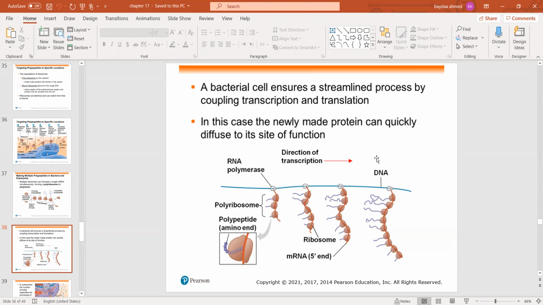In this image of a bacterial cell, the translation of mRNA can begin as soon as the leading 5' end of the mRNA molecule peels away from the DNA template, the DNA being transcribed by RNA polymerase molecules. Attached to each RNA polymerase molecule is the growing strand of mRNA, which is already being translated by ribosomes.